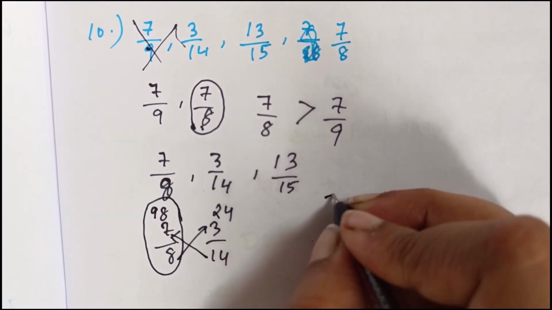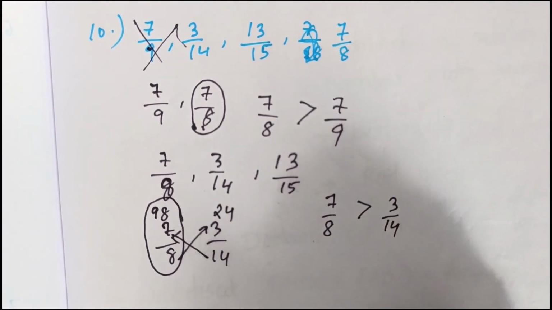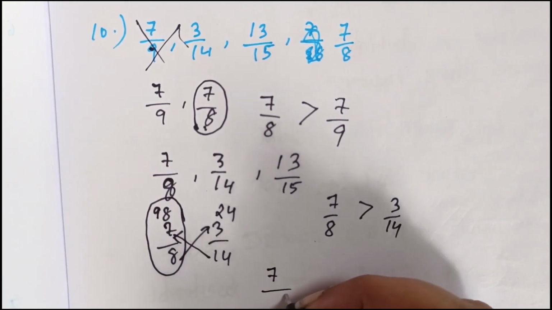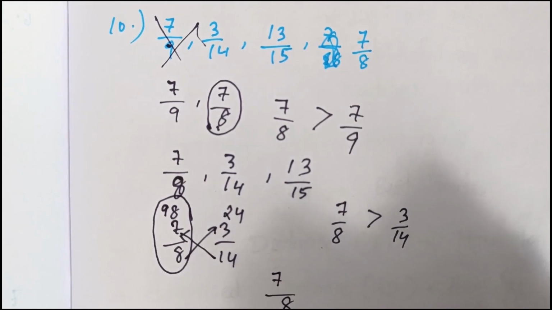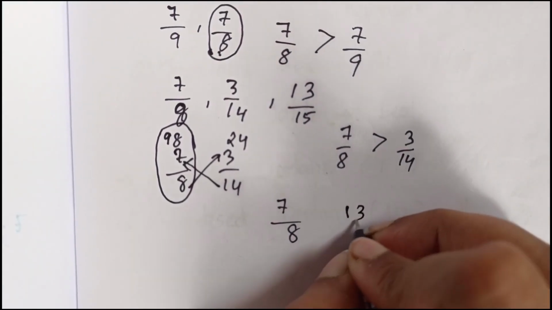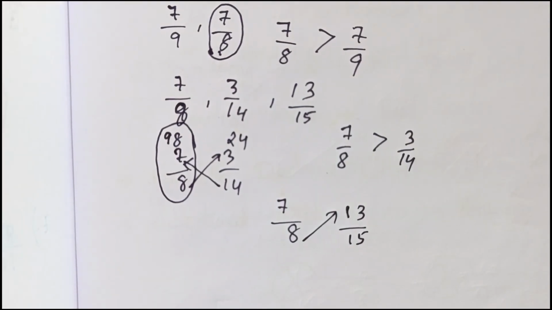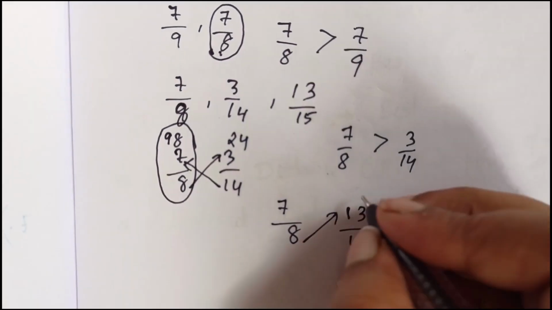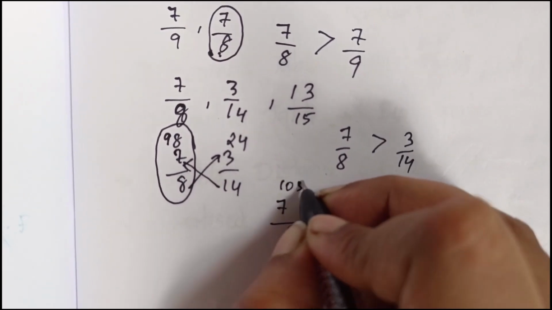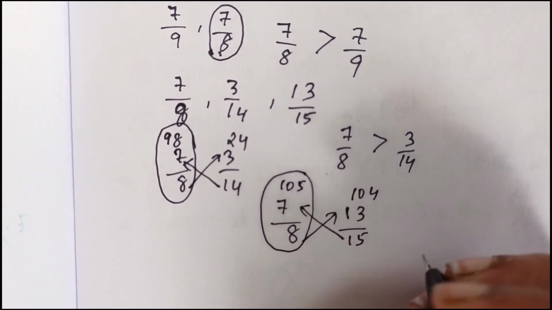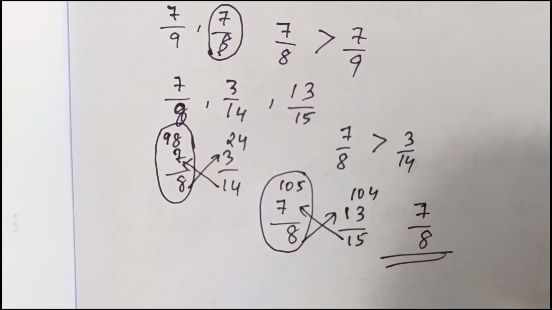So 7 by 8 is greater than 3 by 14. So next we need to find among 7 by 8 and 13 by 15. So 8 into 13, 104. 15 into 7, 105. So still 7 by 8 is the largest fraction among the group.